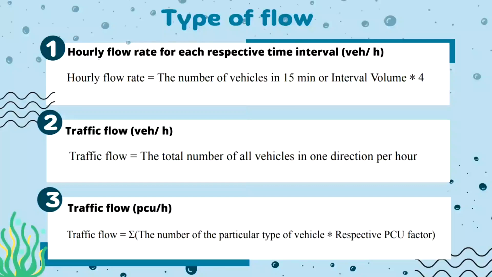Next is traffic flow in vehicles per hour, which is the total number of all vehicles in one direction per hour. Last is also traffic flow, but the unit is PCU per hour. It is the total number of a particular type of vehicle multiplied by the respective PCU factor.